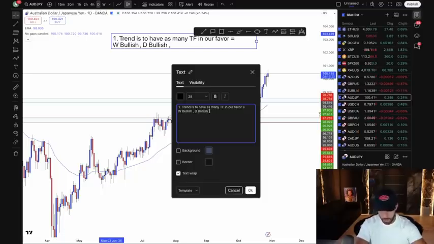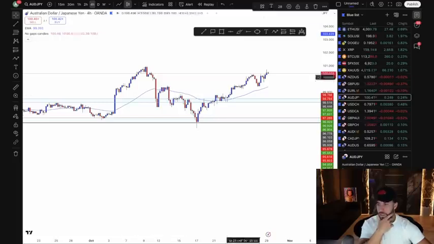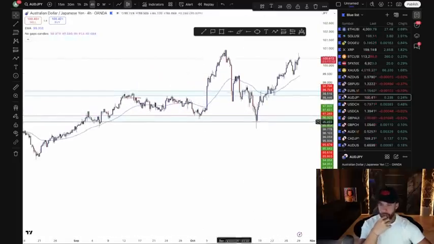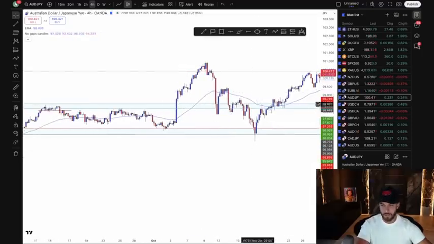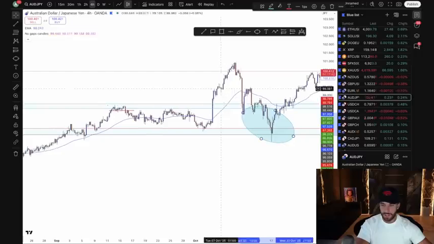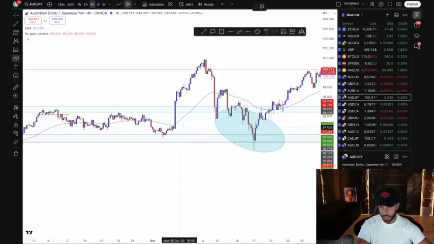Great, cool. Now what's the 4-hour doing? So we have 2 time frames in sync. Our goal is to go down to the next time frame and determine what this market is doing. At the time that we would have been interested in entering this trade, which would have been right around this area over here, this market was actually bearish. So this market was creating higher high, higher low, higher high, higher low, higher high.